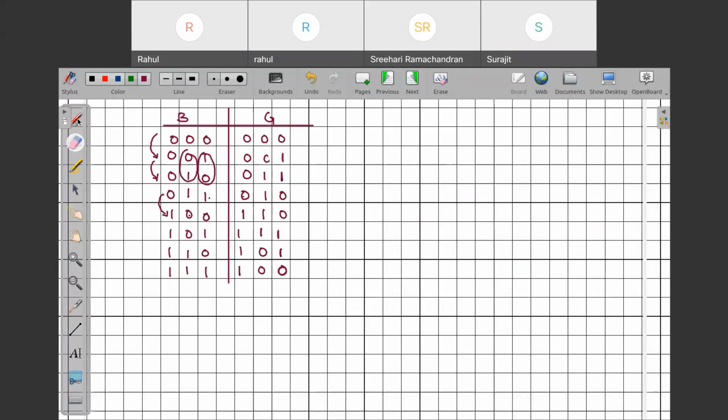Now in gray code, look at these two terms. Basically, you can just wrap this in a cylinder. These two are consecutive terms, 000 and 100.